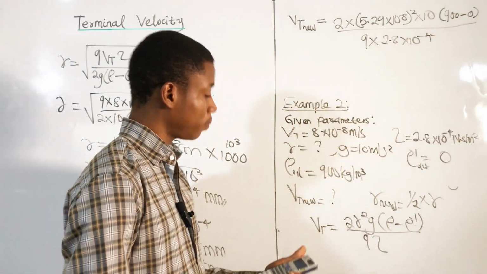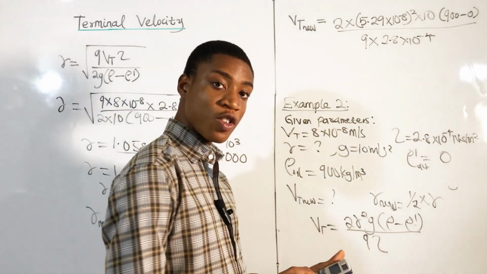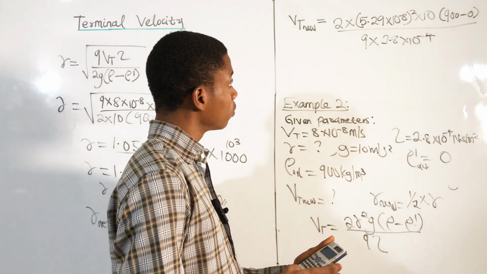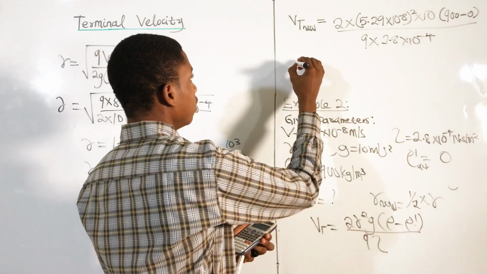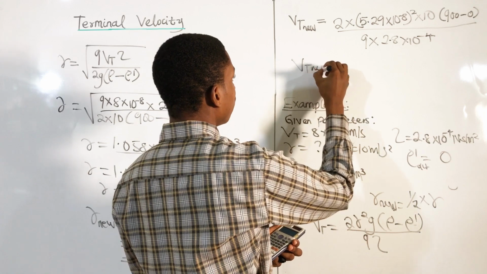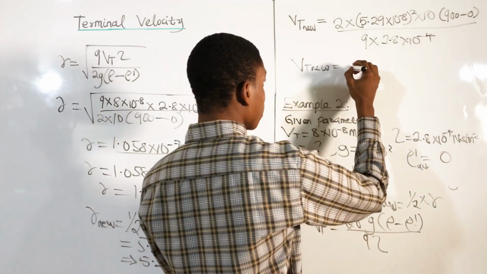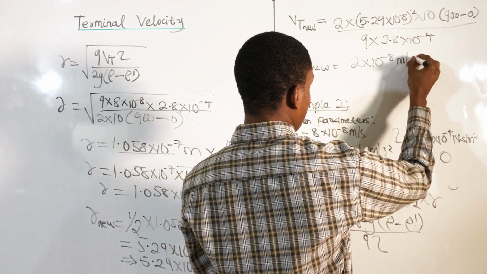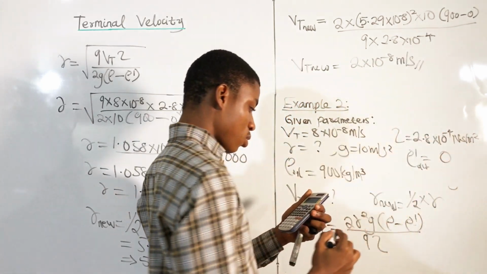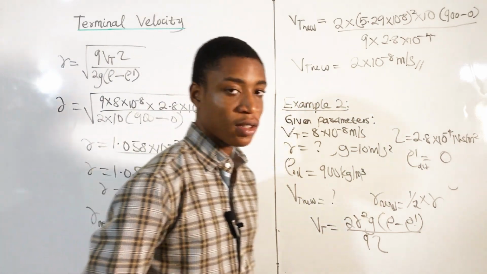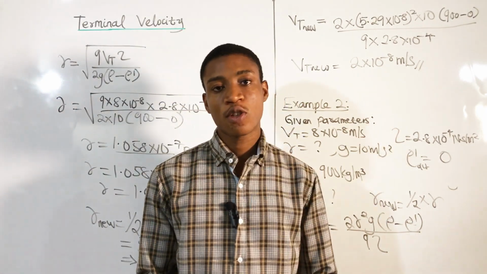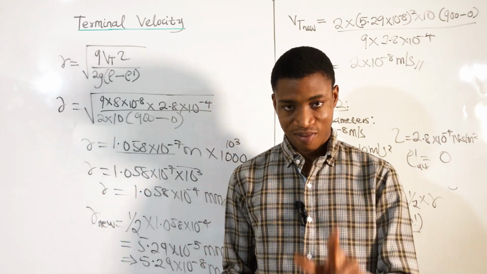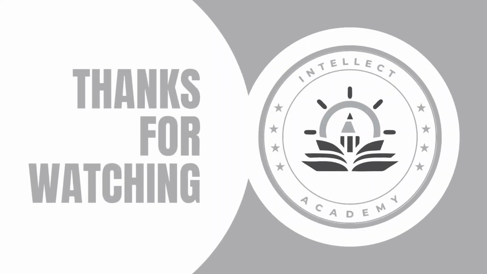So if we punch this correctly, we have that the new terminal velocity is 2 times 10 raised to the power negative 8 meters per second. So take note, it's a very easy concept for you to understand. Thank you very much for this concept of terminal velocity, and see you in our next video.